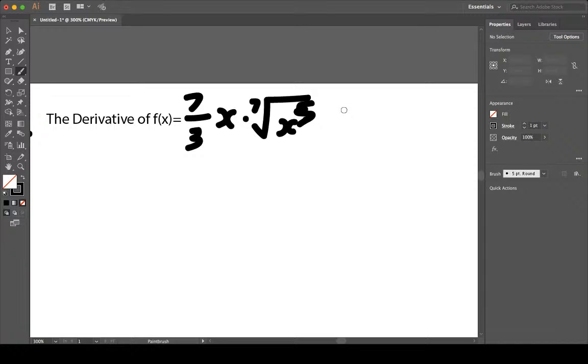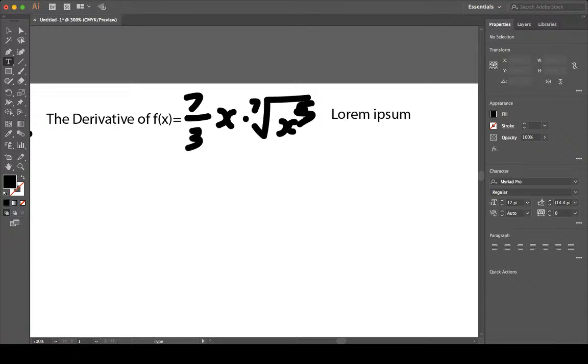So the derivative of the function is 7 over 3 times x times the seventh root of x to the power 5 is, let me just write it and put it there, and here are the choices.